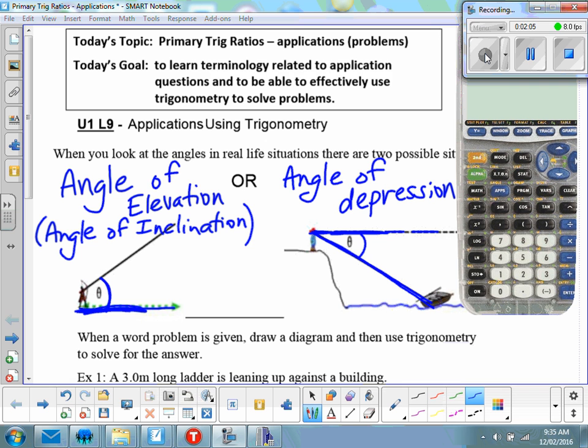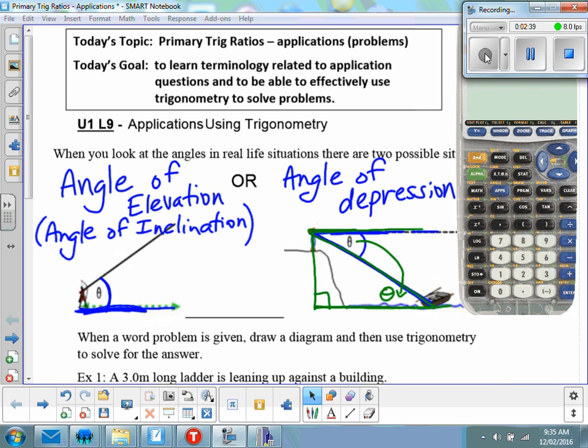Now, the nice thing in this situation, and we've been working with similar triangles recently and been talking about the parallel line rules, is that we've got a horizontal line across the top here, and a horizontal line across the bottom here. They are parallel to each other. So we've got a Z pattern here, which means that in the actual triangle that we're working in, this angle is the same as that angle in the bottom corner of that triangle.